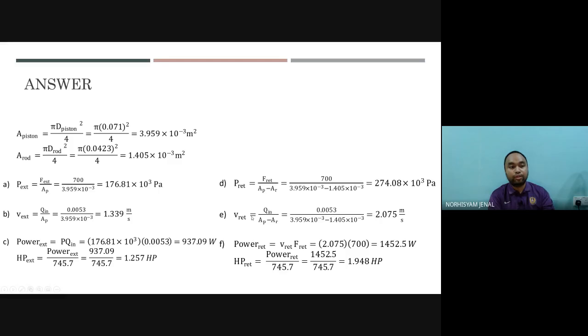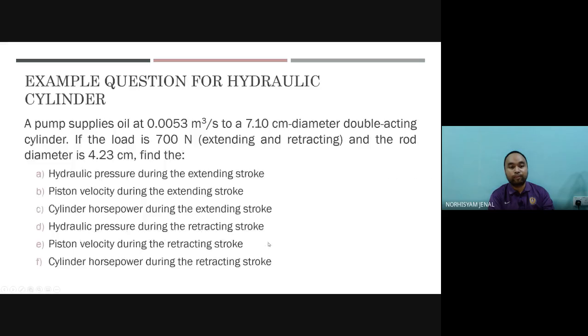Right, so the first thing that you have to do is everything that you have here in meter cube per second or in Newton or in cm needs to be changed into the right unit. So 7.1 centimeter is actually the diameter for the piston, which is equal to 0.071 meter.